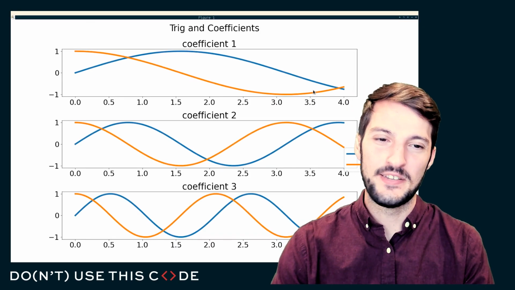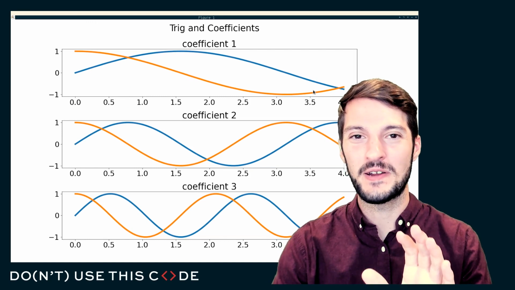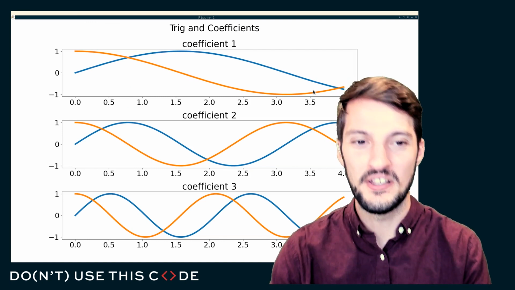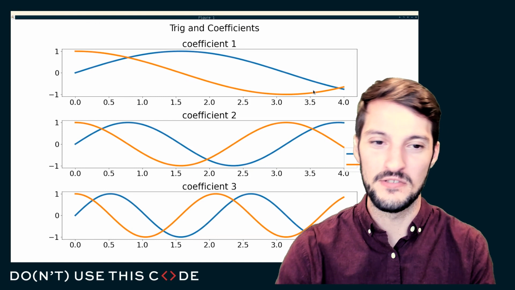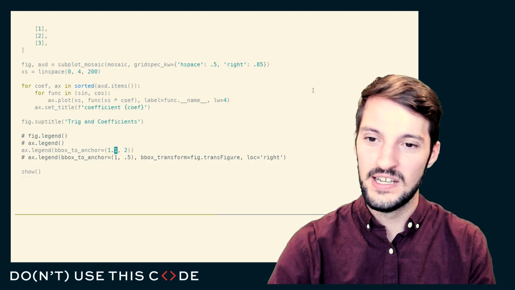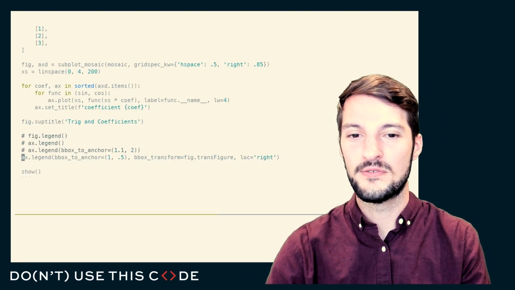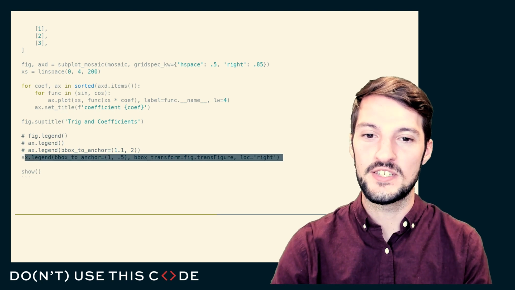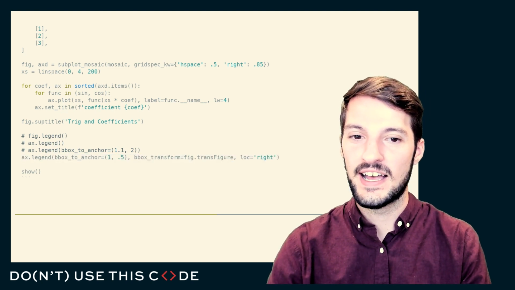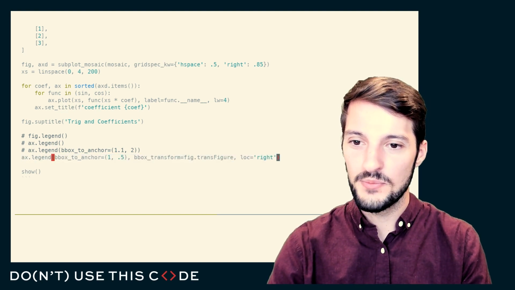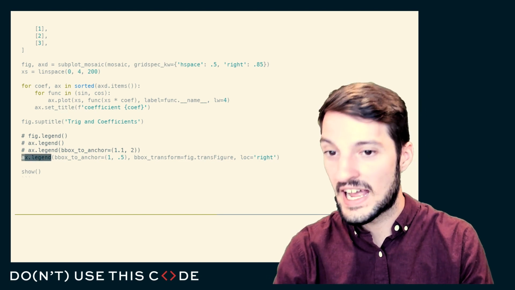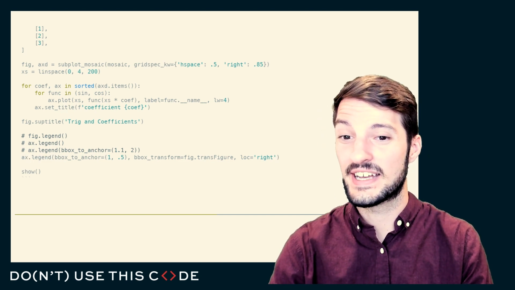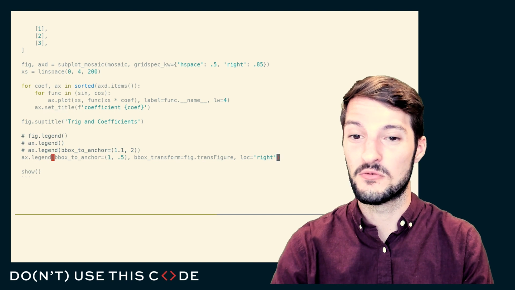And if you've ever done this kind of fiddling in Matplotlib, you know how tiring it is to regenerate your plot, look at it, and be like, I need to move it just over a little bit. I need to move it just up a little bit. And what you really need to be thinking of is your transform system here. I can say, give me just a legend from my last axes. I could do this on any axis, or any set of axes, and it'll work.